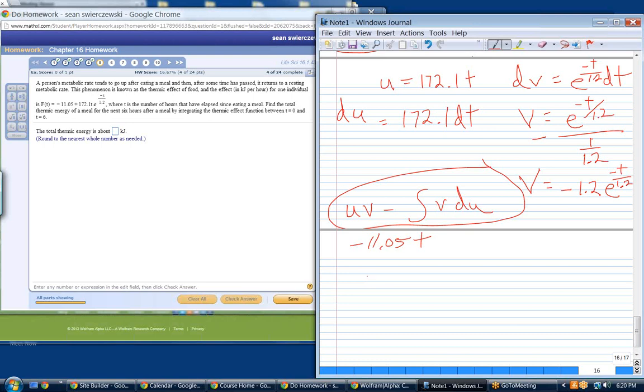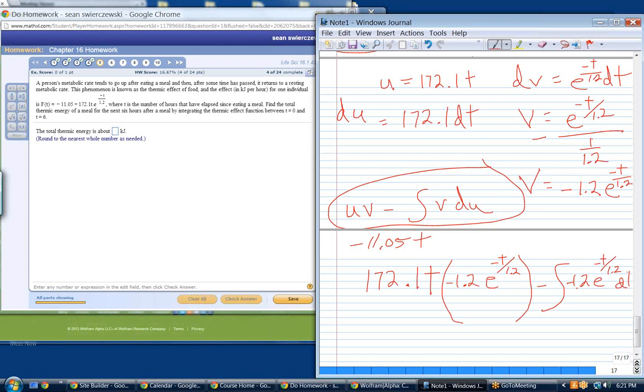172.1 t times v. Minus the integral of that again, v, and du.